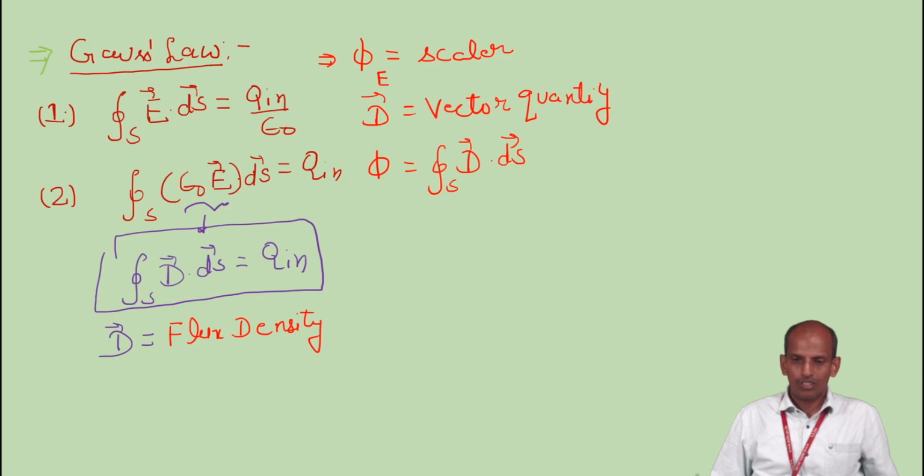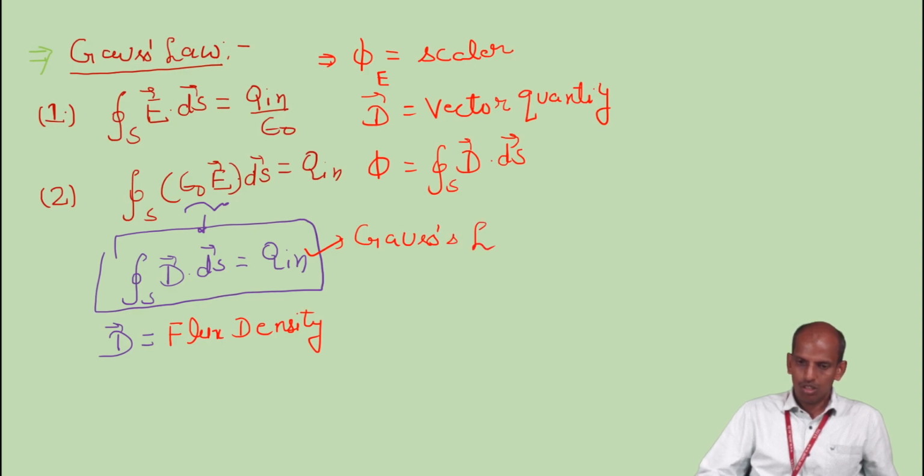Charge is nothing but the flux. Charge is also a scalar quantity, flux is a scalar quantity, so charge and flux basically represent the same thing. Now this is also called the Gauss law in electrostatics. That's very important.